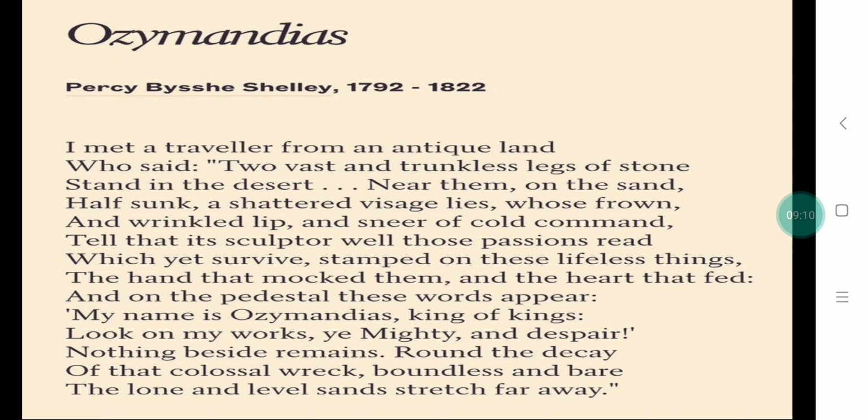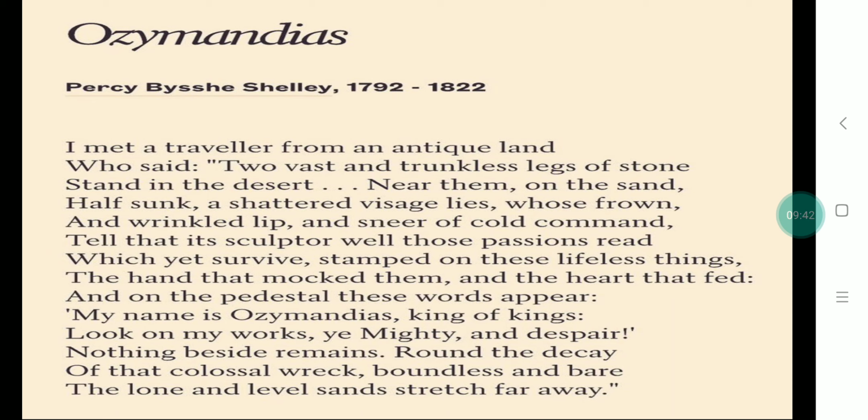Okay, no matter how proudly, no matter how much he had achieved in his life, he is now gone forever, and only his shattered visage lies, only his trunkless legs lie in the desert, half buried in the desert. Okay, of that colossal wreck means extremely vast ruins. Now only the ruins remain.